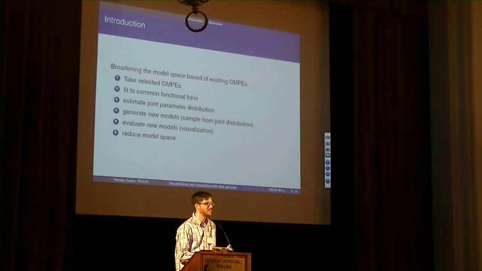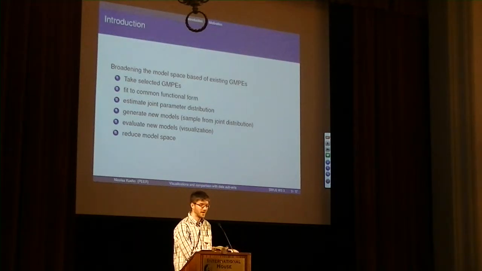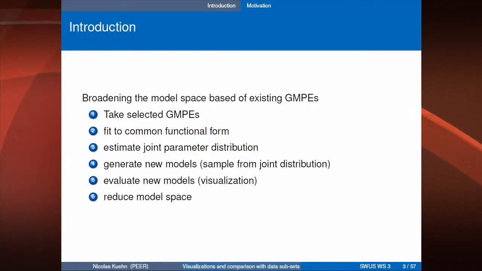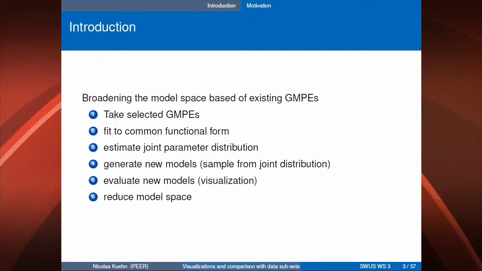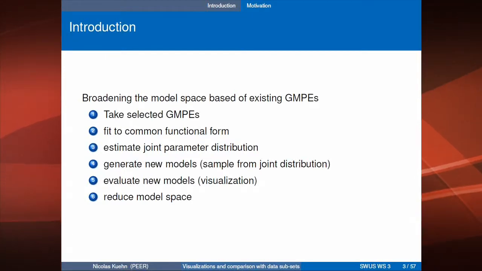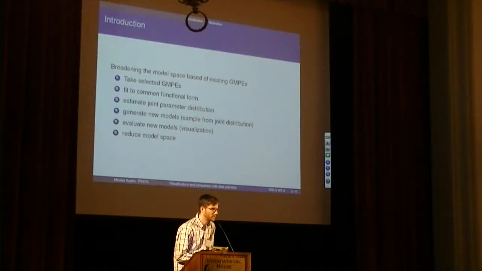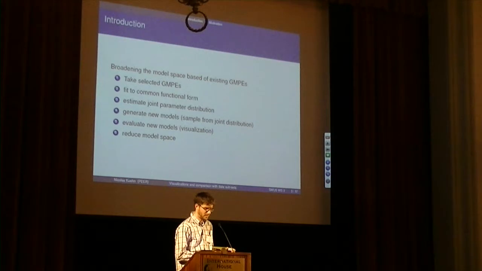That way we can sample new GMPEs. So we can go from a sample to a distribution, and then we just sample from that distribution. And in the end, since we sample a lot, like 1,000 new GMPEs, we somehow have to reduce the model space. So we have to say which ones are likely, which ones are unlikely. I'll try to point out how that might be done.